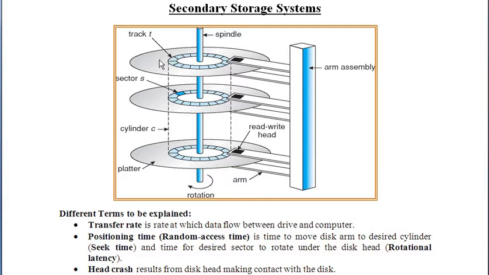So that means a platter stores the information in terms of tracks and in terms of sectors. So I will be having many tracks as well as a number of sectors. Whenever I want to access the information, I require both which track and which sector a particular piece of information has been kept in. I hope it is clear.